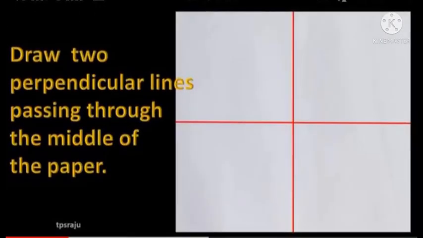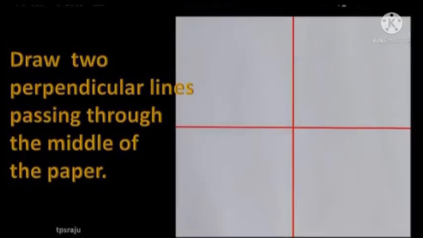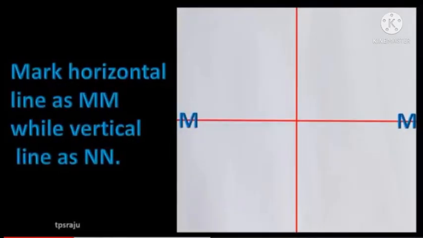Draw two perpendicular lines passing through the middle of the paper. Mark horizontal line as MM, while vertical line as NN.